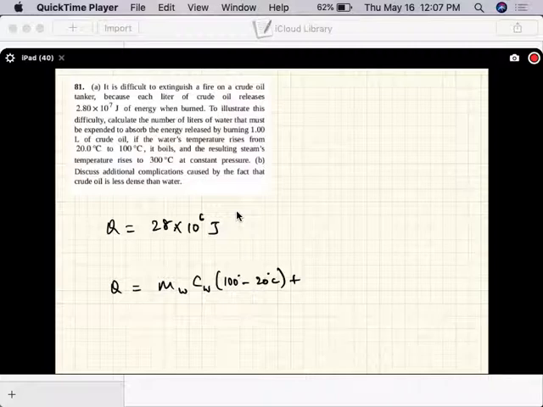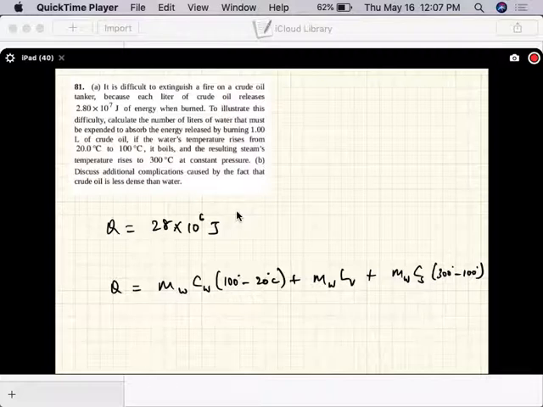We are going to boil this water away. Okay, so the mass of water times the latent heat of vaporization. Then we are going to take that much water, which has become steam, and heat it to 300 degrees Celsius. So that's what we're going to do with this heat.